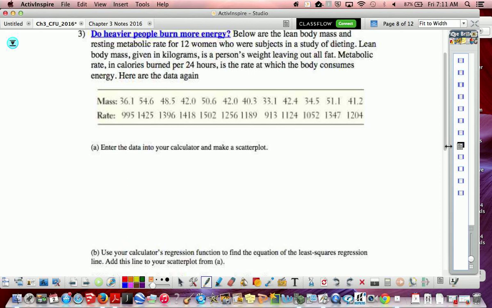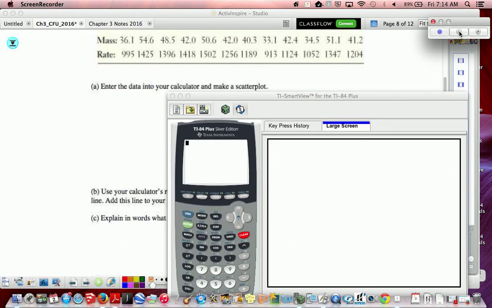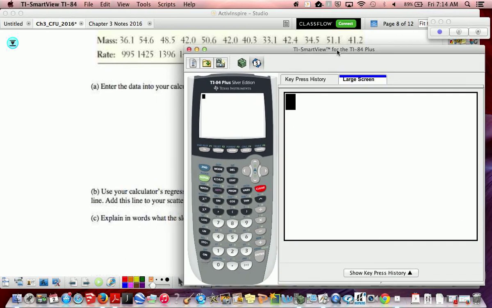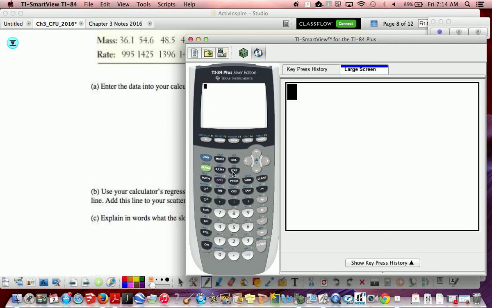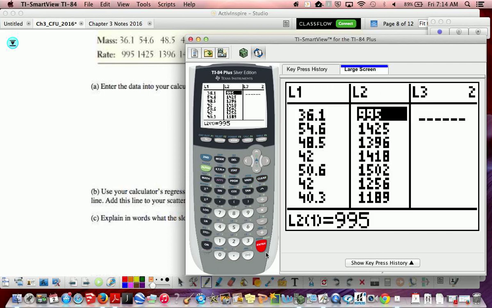It says, enter the data into your calculator and make a scatter plot. So take a minute, take out your calculator and add these data points in. I'm going to pause it and do the same. All right, so hopefully you've entered in all your data into your calculator like I have. Just to show you that I have it in here: stat, edit, and I have all my data here in list 1 and list 2.